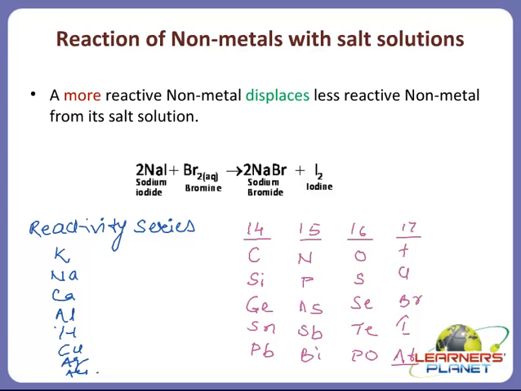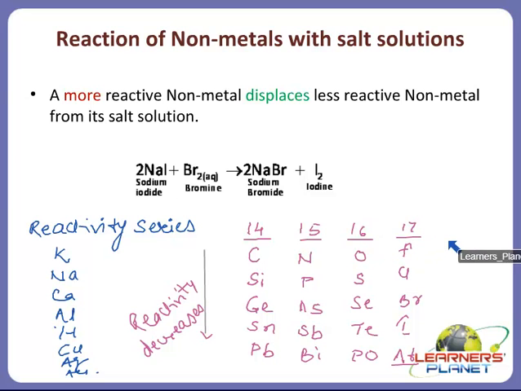Now in this case, children, what happens? The reactivity decreases down the group, right? So the reactivity of non-metals is decreasing. I'll write reactivity decreases, okay, of all these non-metals.